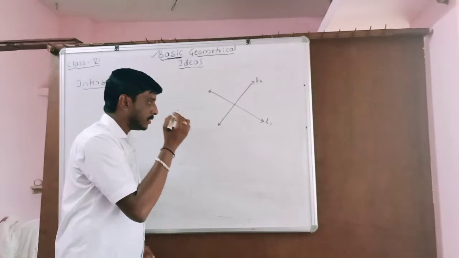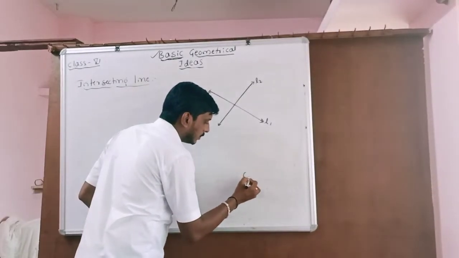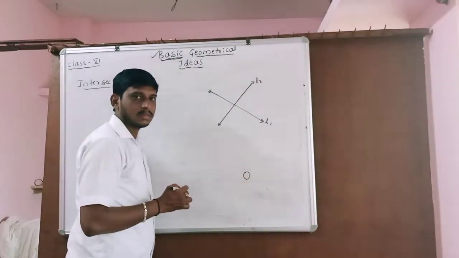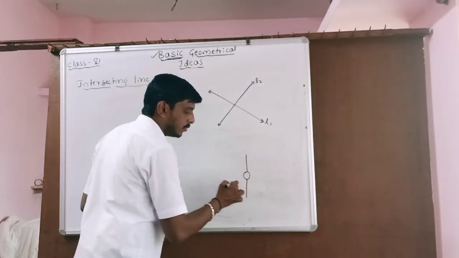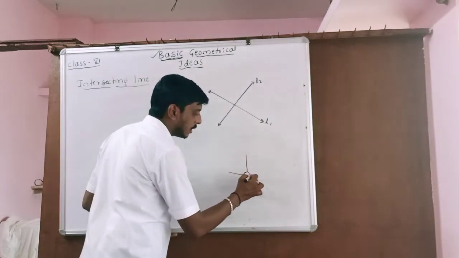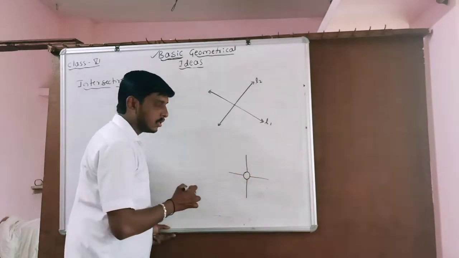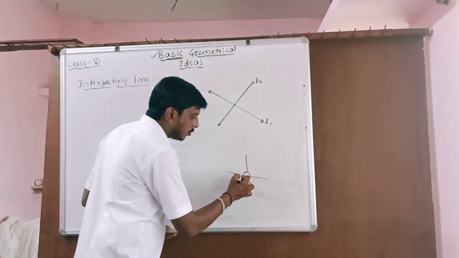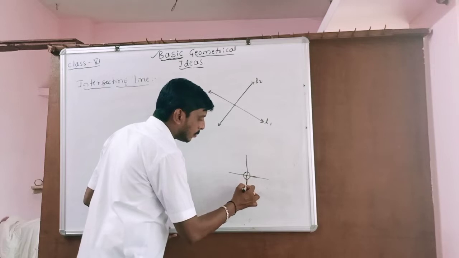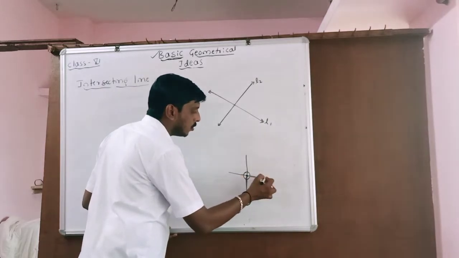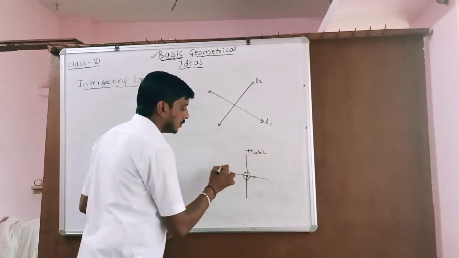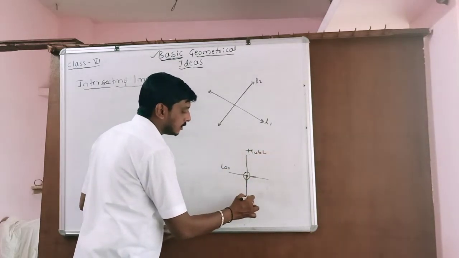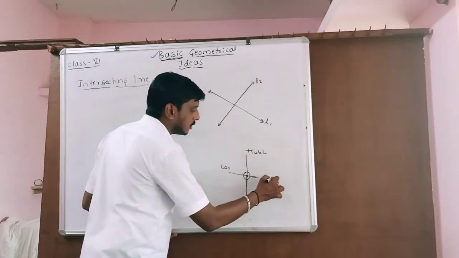For example, this is a circle. Here one road will come, and here one road will come, and here one road will come, and here one road will come. For example, this is Hubli road, this is Lakshmeshwara, this is Gadag city, and this is Nargund.